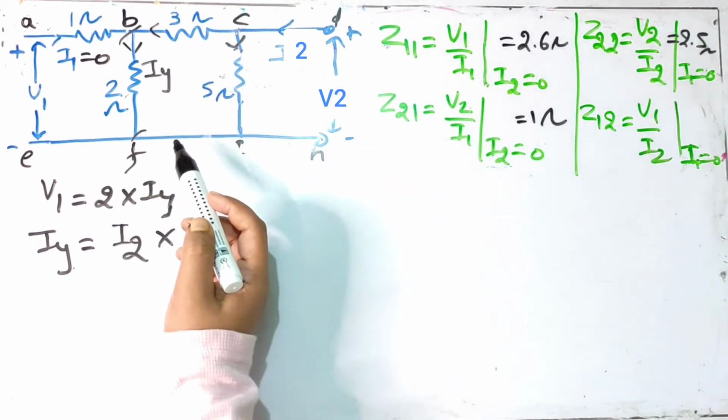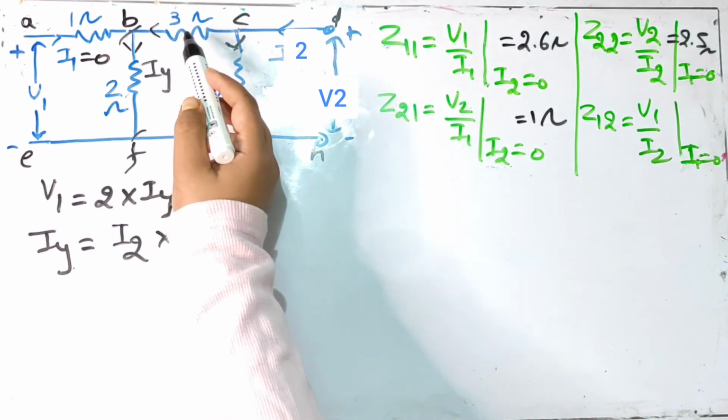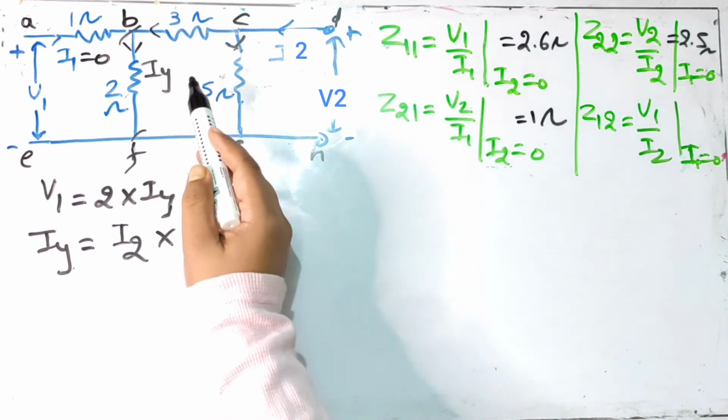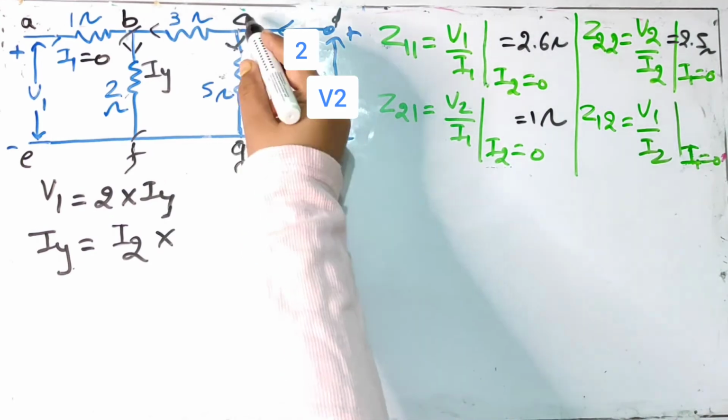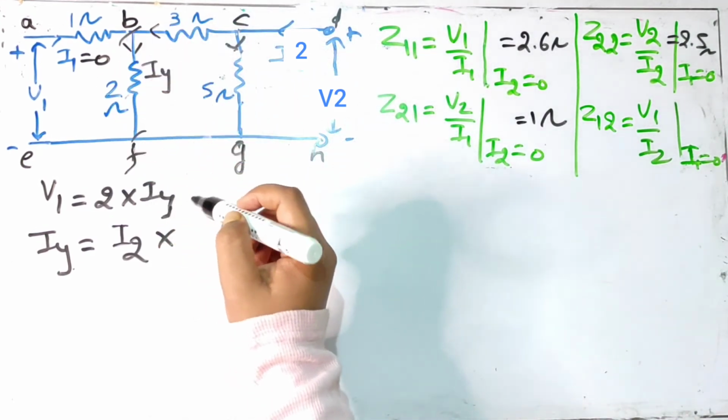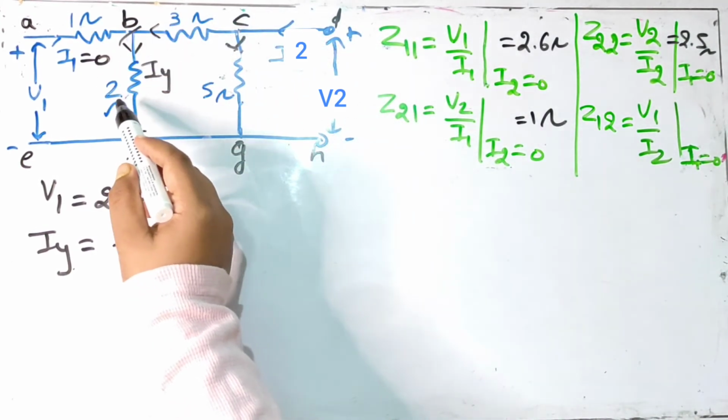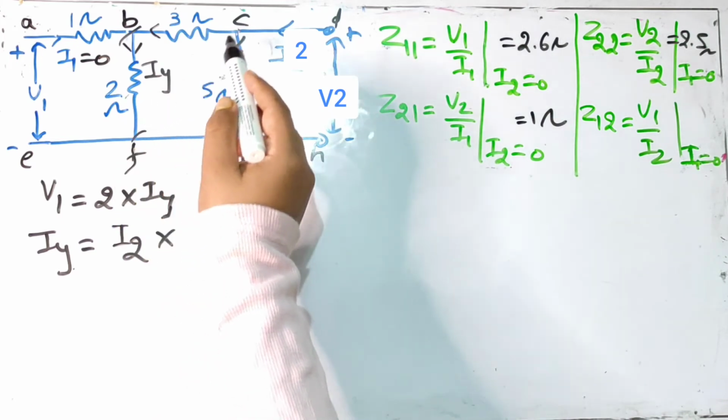So the current that is flowing through 2 ohm is the same as flowing through 3 ohm, which means current is being divided into two parts, CG and CBF. We have to find out the current across 2 ohm, which is a part of CBF.